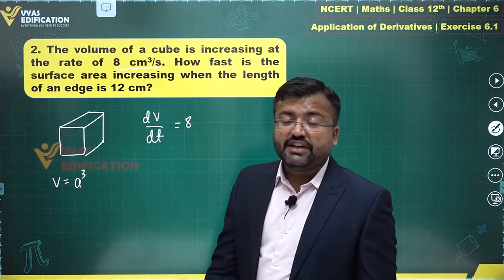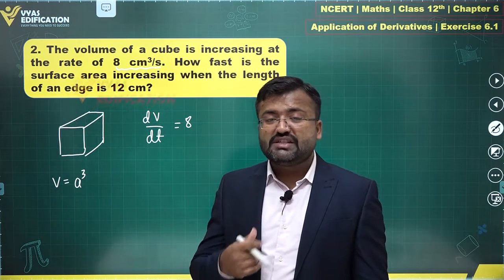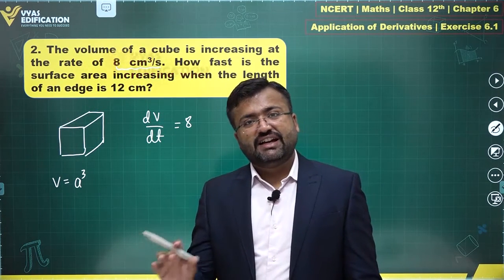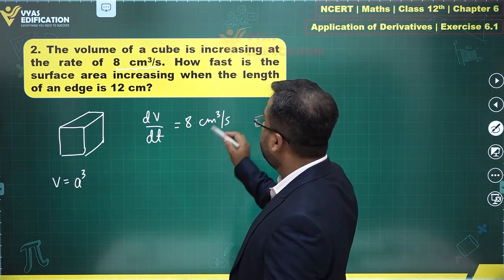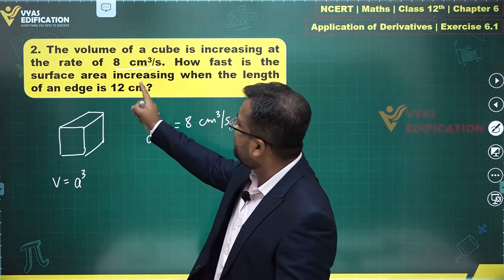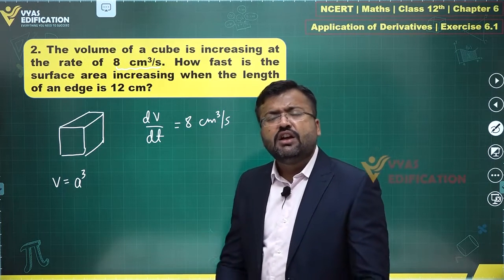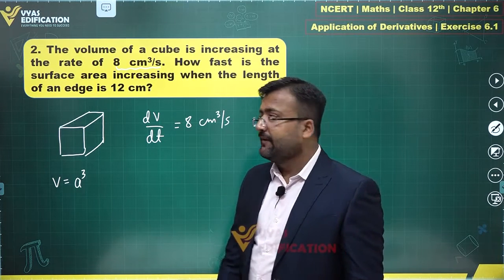Why not write centimeter cube per second? We can write that. But remember, the most important thing about units in mathematics is to be consistent, right? If length is measured in centimeter here, it is also measured in centimeter, so the answer will also be in centimeter. We are not supposed to worry too much about anything.